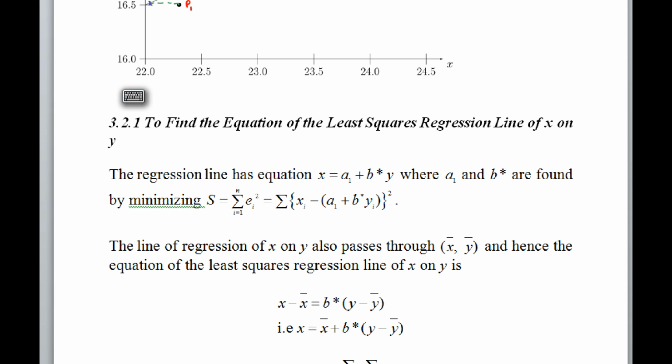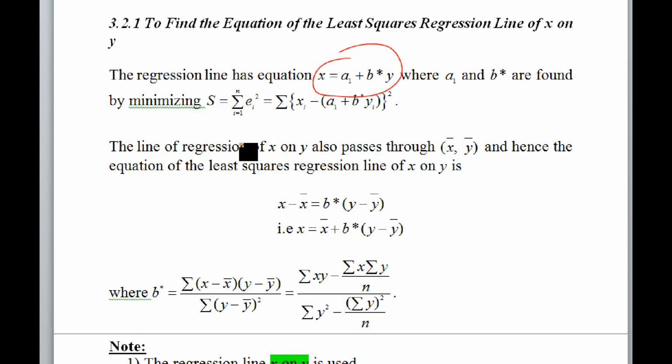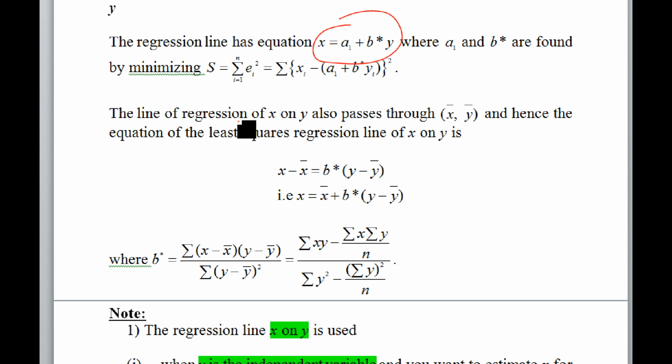You look at this formula, of course, this must be true, right? y equals mx plus c. So we write it another way, x equals a plus b y. You don't really need to care about this, but you just need to know how we find this b asterisk. That means it's the slope of the regression line of x on y, b star.